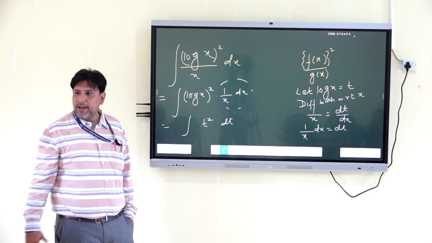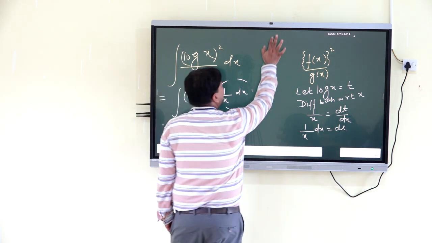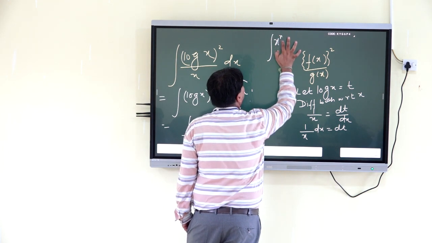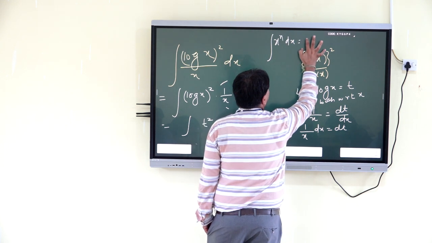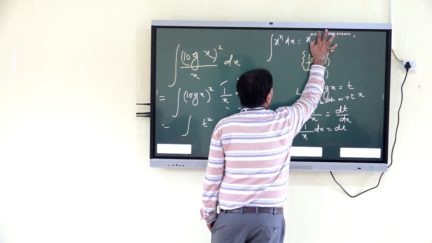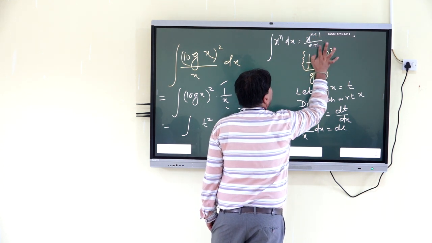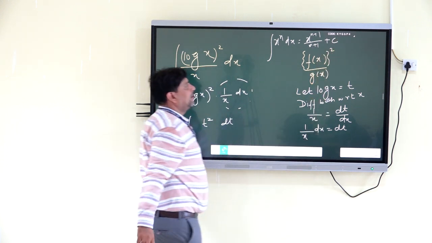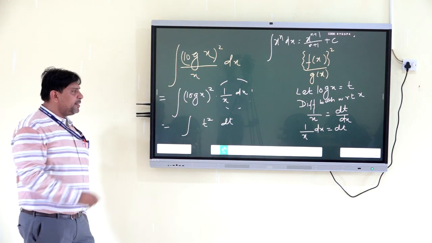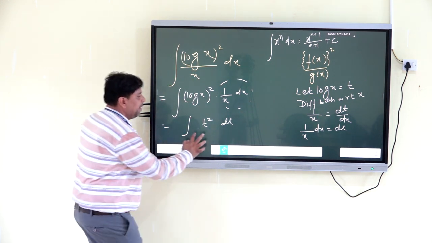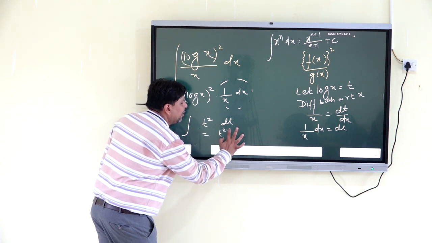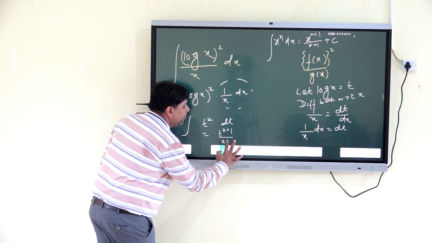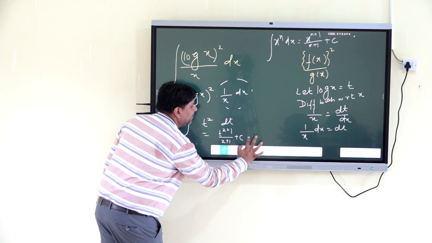Now it is in a formula. We know that the integration of x to the power n dx is x to the power n plus 1 by n plus 1 plus c. So integration of t square dt will be t to the power 2 plus 1 by 2 plus 1 plus c.